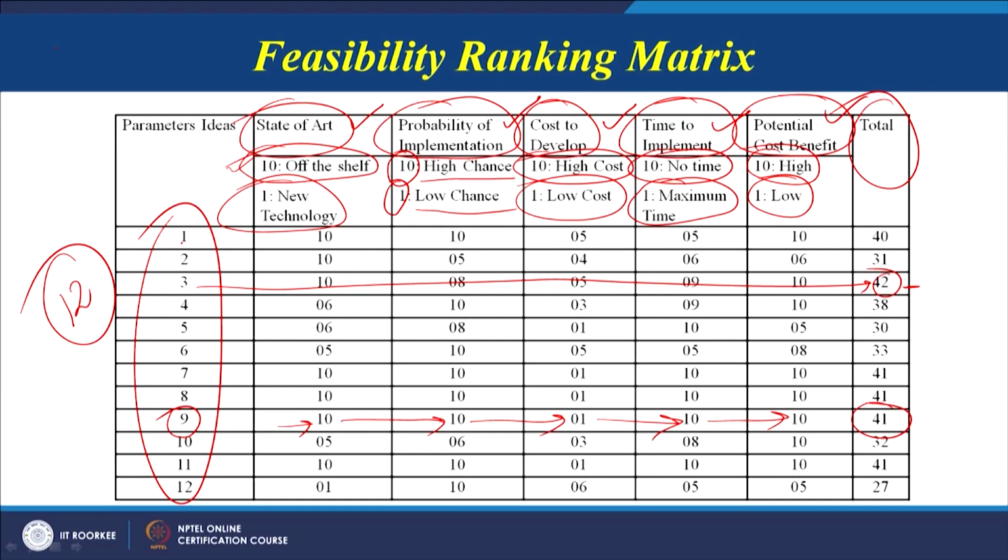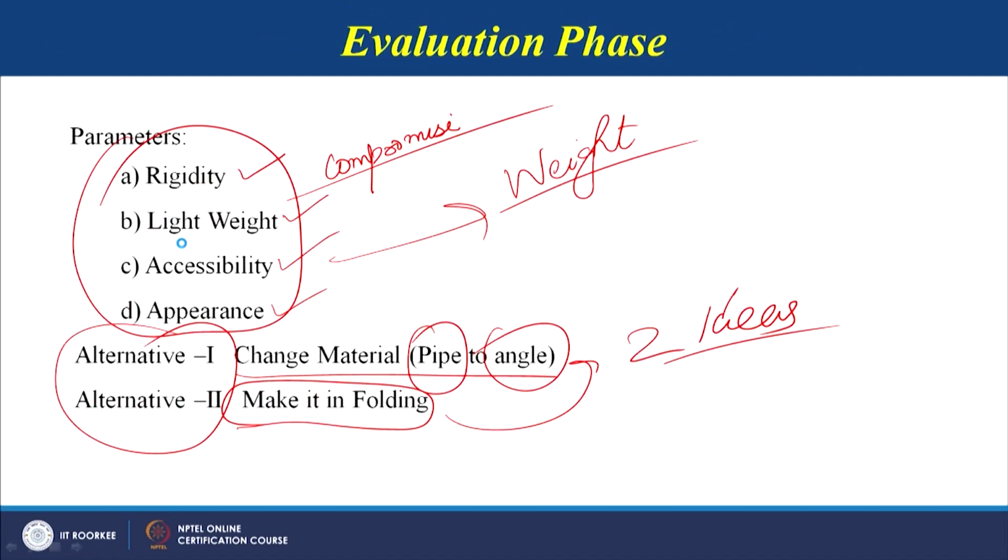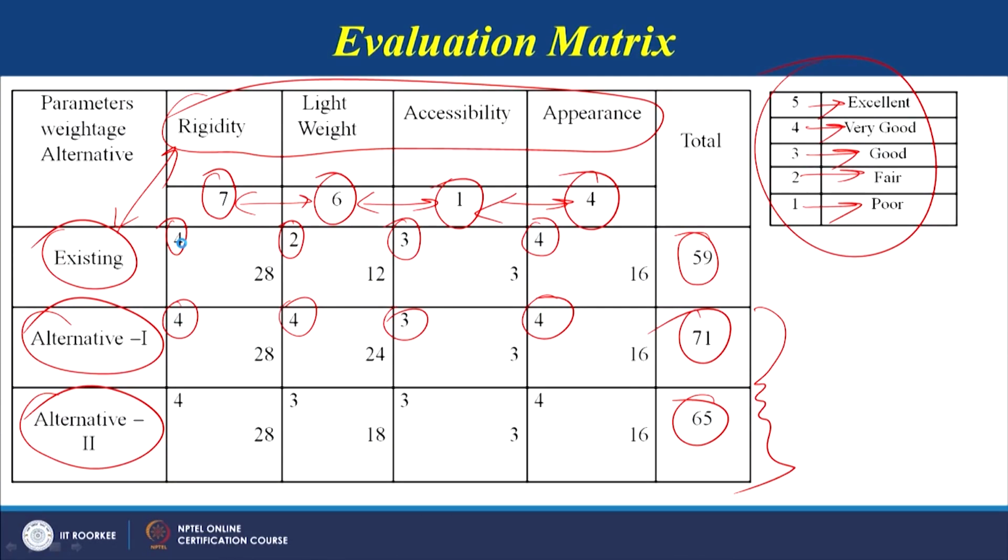After shortlisting, we evaluated the shortlisted ideas on 4 parameters, and then we finally made this evaluation matrix, giving a score between 1 to 5. We have been able to find out that the maximum score is for alternative 1, and it is even higher than the existing design that we are using. So with this we can see that there is a systematic approach for evaluating any product.